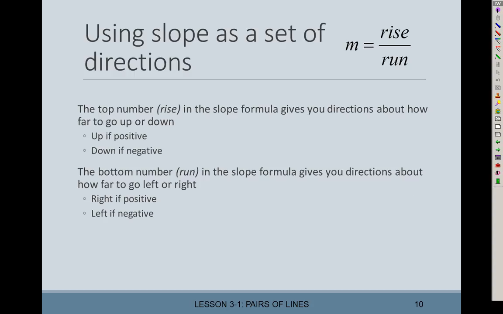Now remember that slope is rise over run. It tells you which way to go up and down and which way to go left and right. If the rise is positive, it goes up. If it's negative, it goes down. If the run is positive, it goes right. And if it's negative, it goes left.